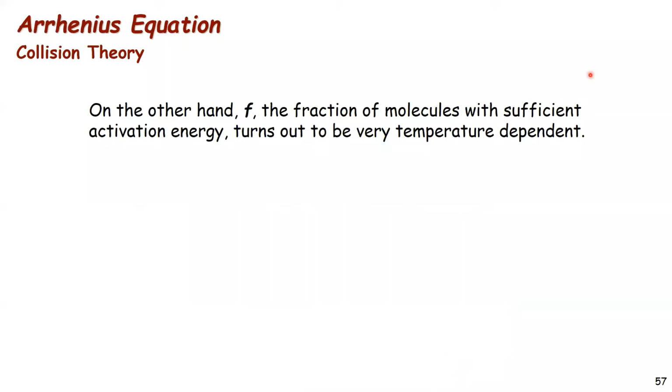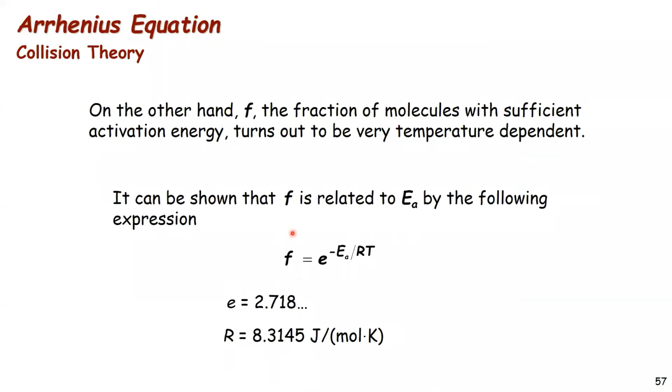On the other hand, the fraction of molecules with sufficient energy is going to be extremely temperature dependent. So again, we could rearrange it to look like this: F is equal to e to the negative activation energy divided by RT. So as E increases, F becomes smaller and smaller.